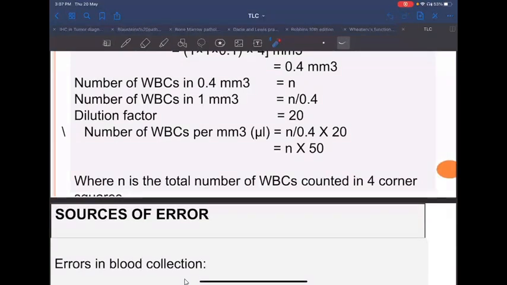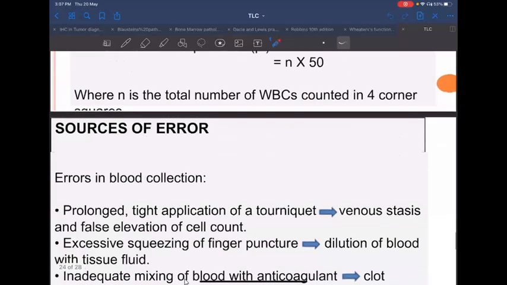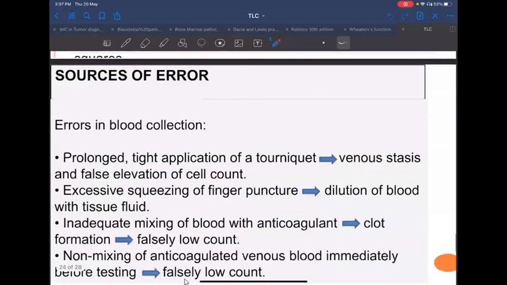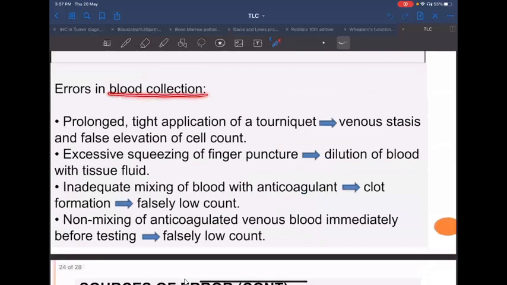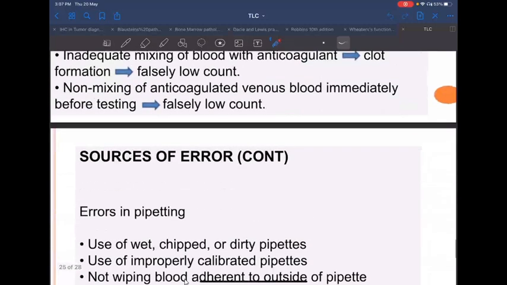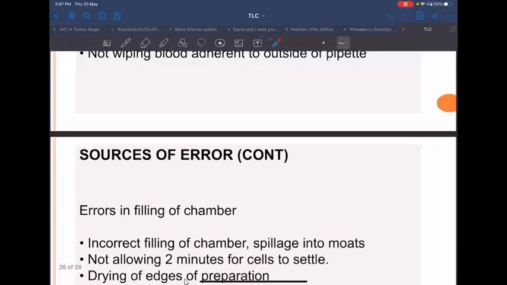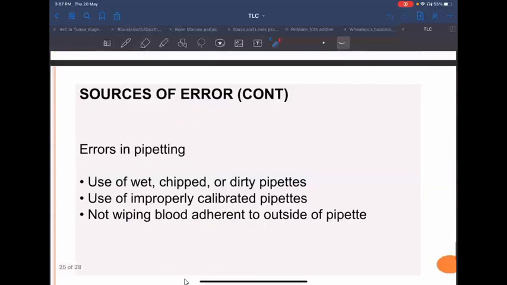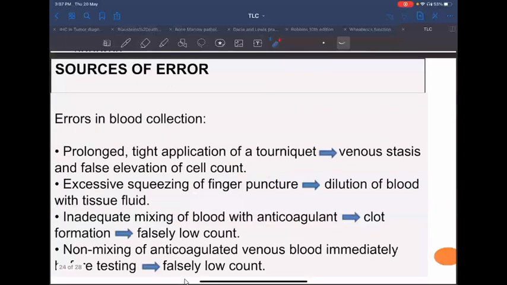Now, there can be various sources of error. It can be due to errors in collection of blood, pipetting errors, or filling of the chamber. Blood collection errors may be due to prolonged tight application of the tourniquet, which might lead to venous stasis and a false elevation in the cell count.